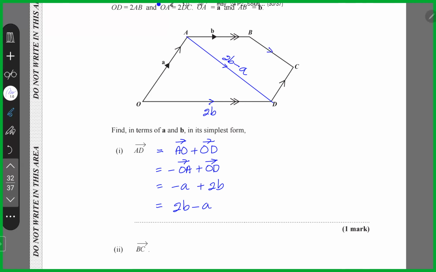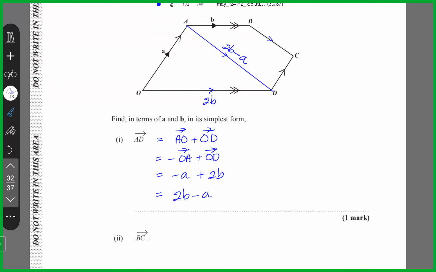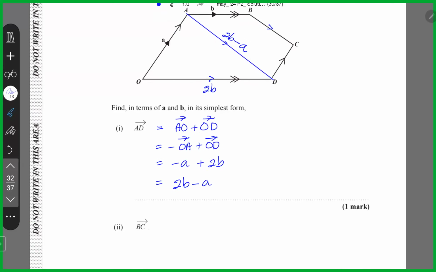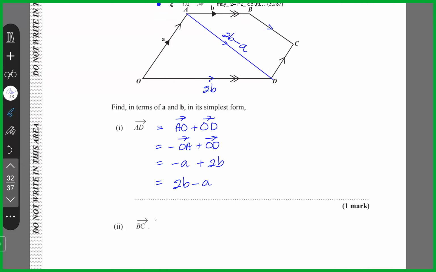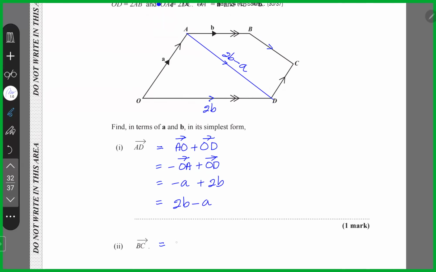Well, BC, one of the things we could do, we don't have to, it's 2 marks. We could first find BD, but we don't have to, because BC is actually equal to, polygon law of vectors, BA plus AD plus, oh, here we have a problem now, because I don't know DC.